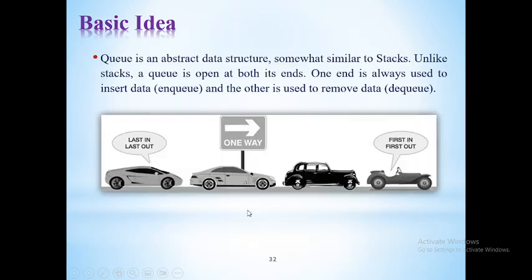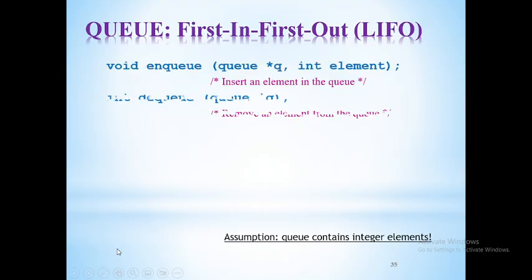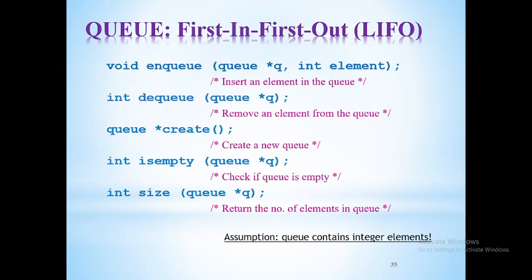Similarly, this is the queue. So queue also has operations like push, pop, enq, deq, create, is empty and size. NQ is used to insert the element, DQ to remove the element, then creation of a new queue, then is empty.